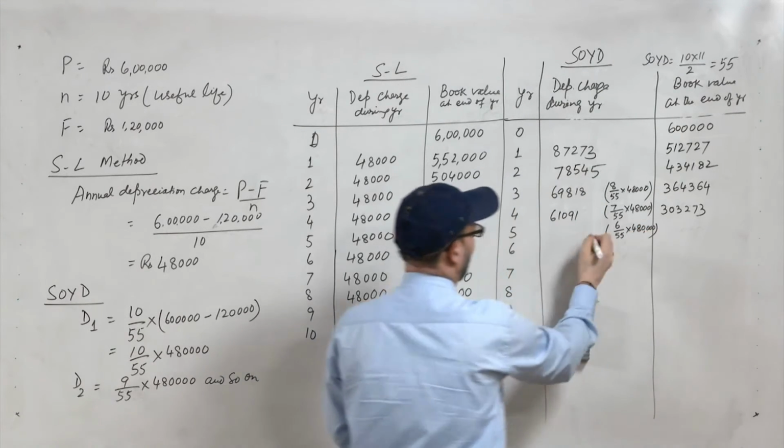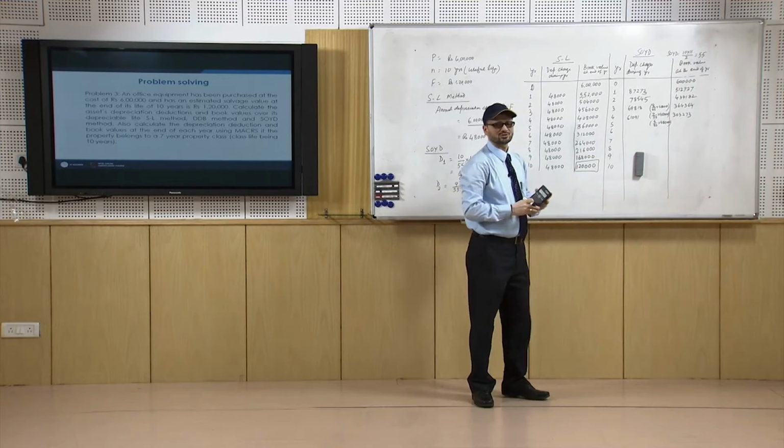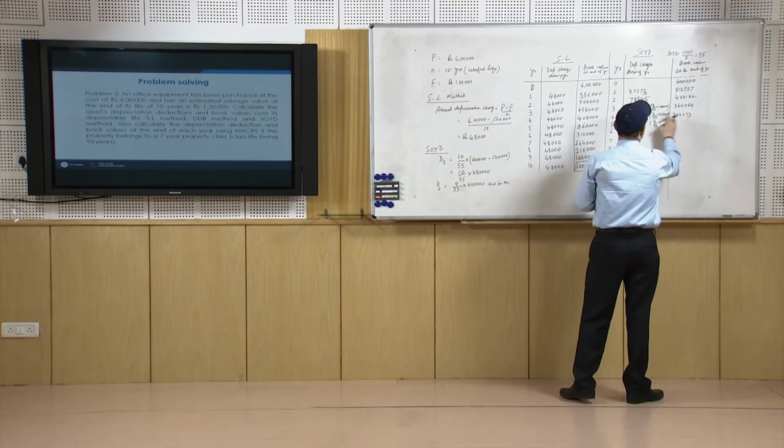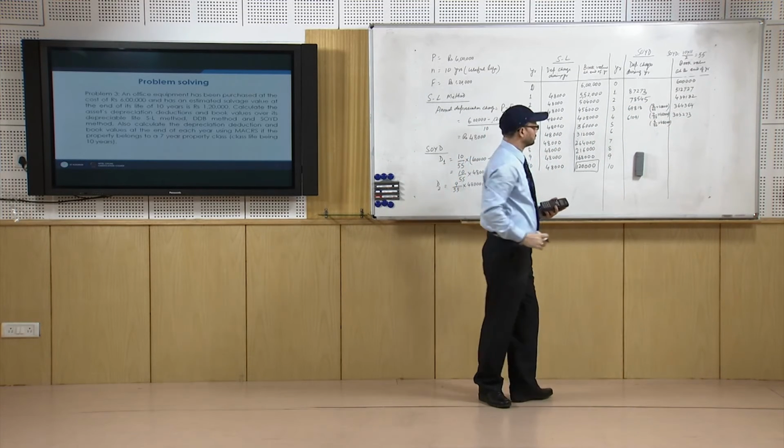Next, this will be 6 by 55 into 4,80,000. This way you can go and calculate the different values, and ultimately by subtracting you can get the book values.